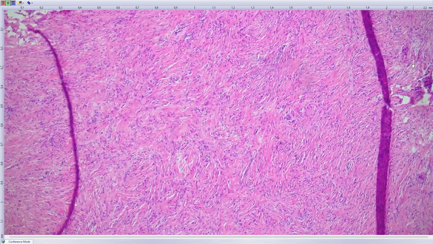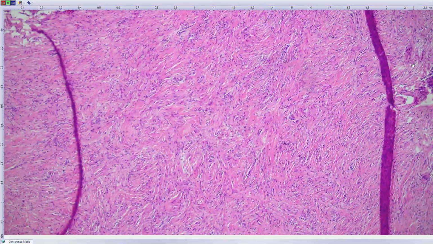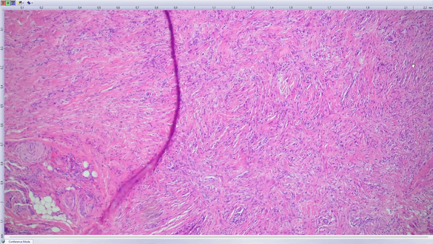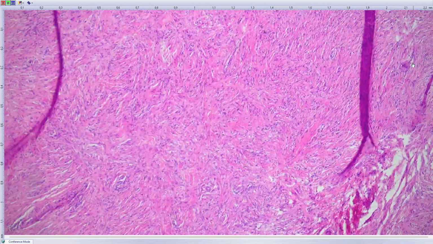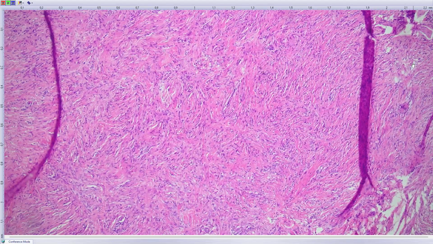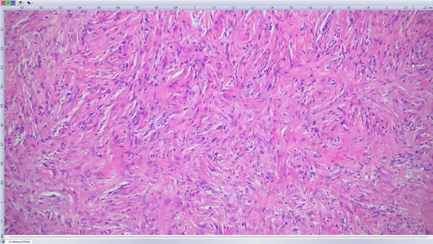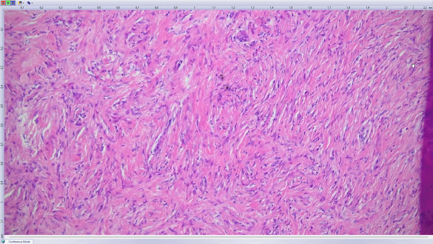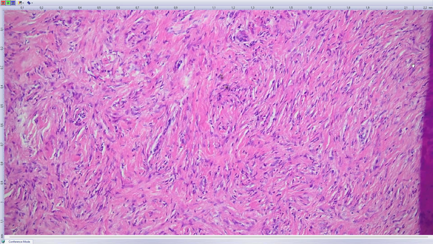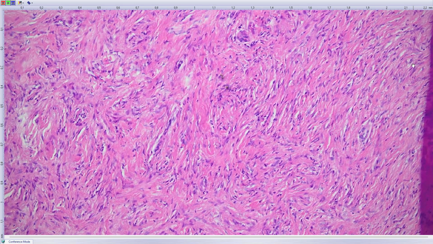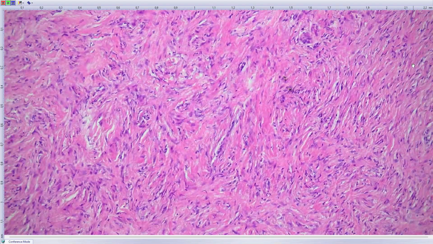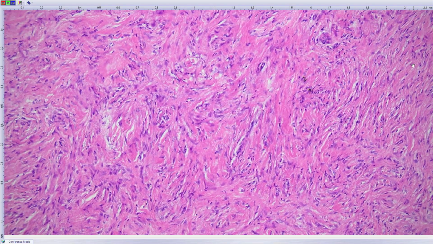The morphology is not very characteristic. It's a bland spindle cell lesion, moderate to low cellularity, with a little bit of storiform arrangement. But the cells do not look very much like dermatofibrosarcoma protuberans. They are not that nicely spindled and monotonous. These are spindle to stellate cells.